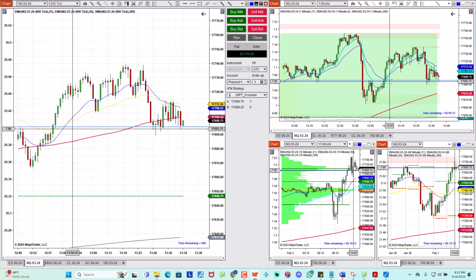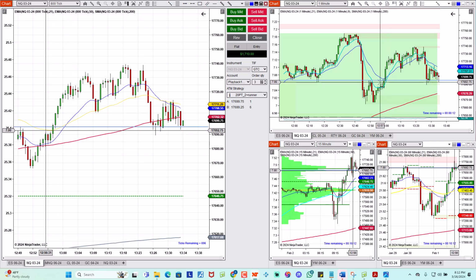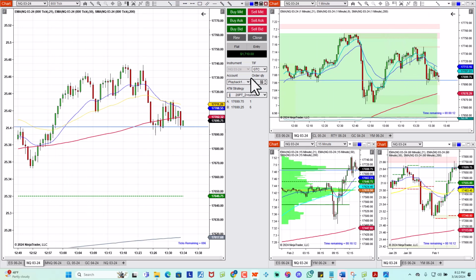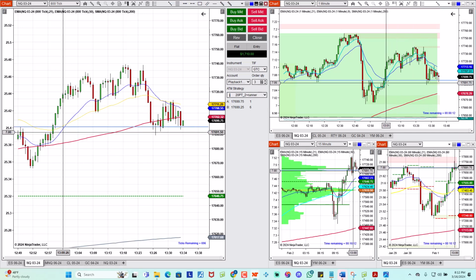We know about that. But I do appreciate that ICT is preaching it out there. People can learn about this. All right, there's a small fair value gap or imbalance right there. So let's see if we can catch the trade right in this area here.